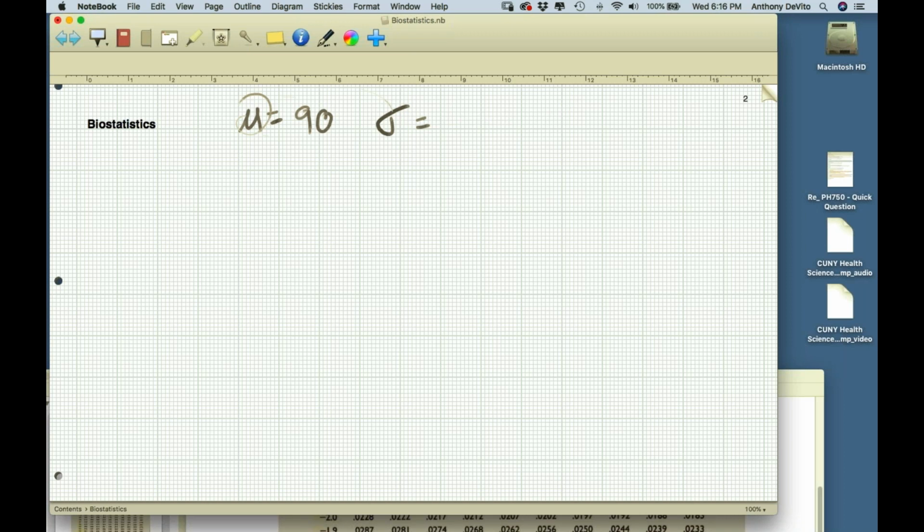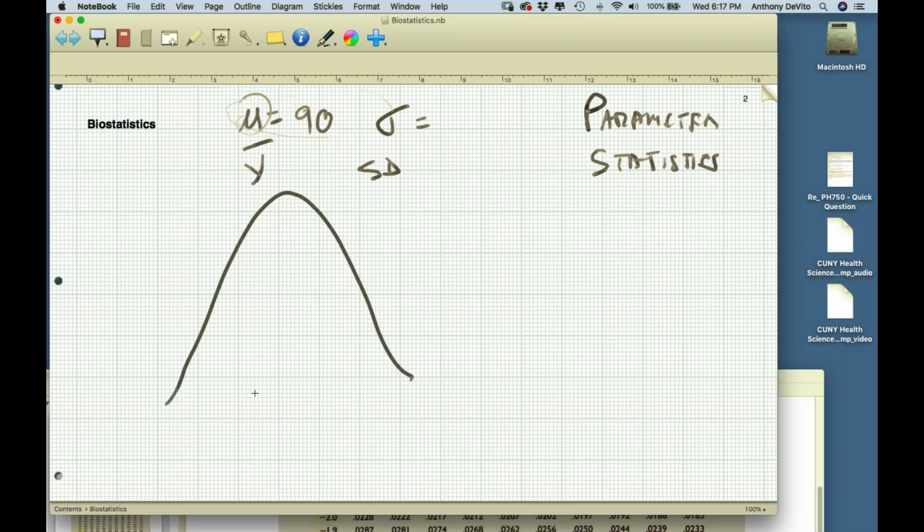Starts with a P. It's a parameter, right? As opposed to X bar and standard deviation, those are statistics. These are parameters. We're working with parameters. So this population mean is 90, and the standard deviation is equal to 10.